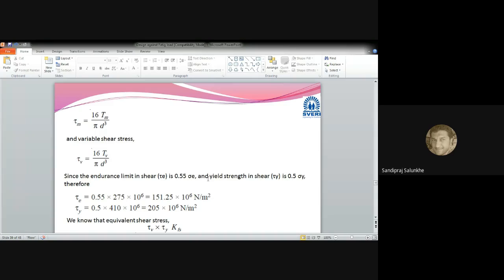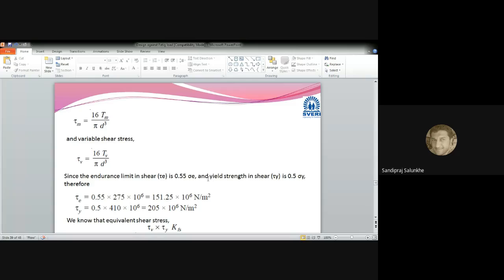What answer are we getting? We got the answer, 560.225 divided by d cube. 560 divided by d cube. Okay, and T average, I'll calculate T average.